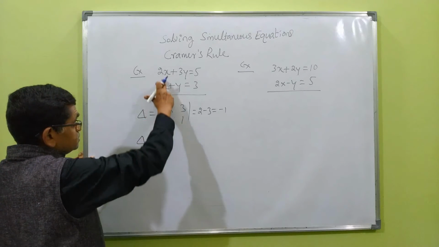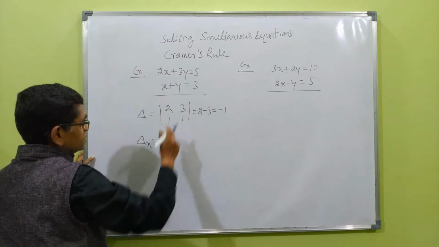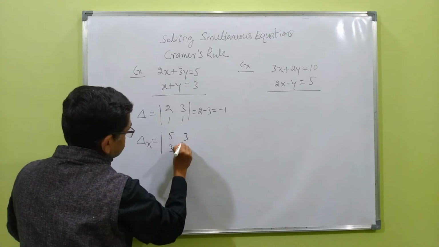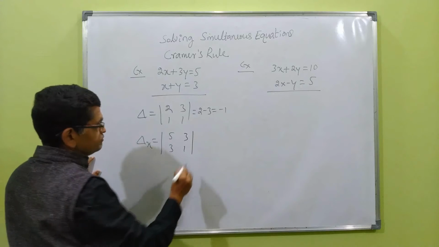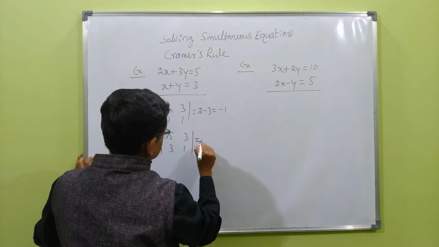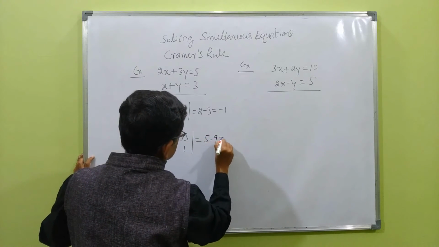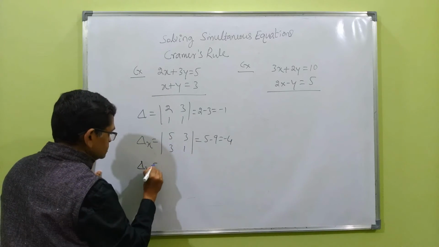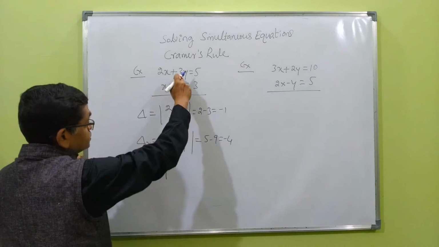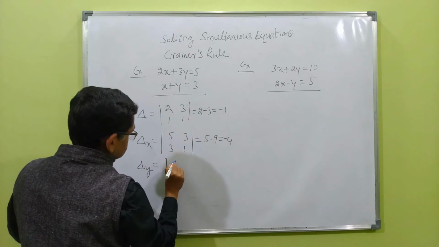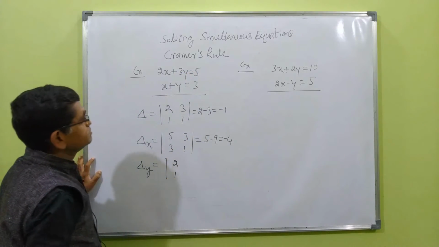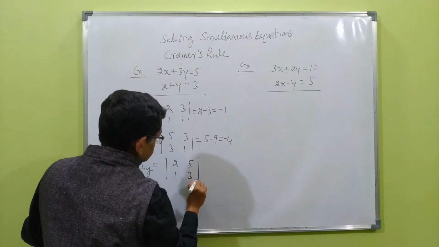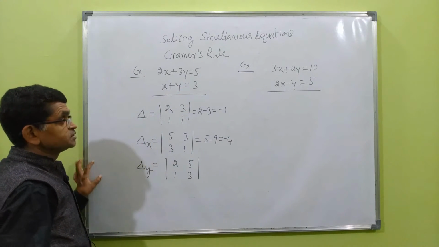And delta x. Delta x means in place of x you have to put these values 5 and 3. And 3 and 1 remain as they are. So this will be 5 minus 9 is equal to minus 4. Delta y is equal to, in place of y you have to put these values, x remains as it is, and 5 and 3 come to the place of the coefficients of y.